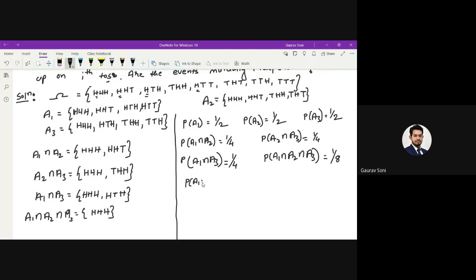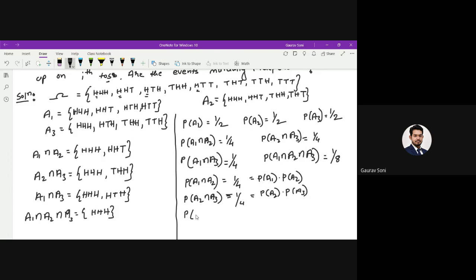Take pairwise intersections. Probability of A1 intersection A2 is 1 by 4, and we see that it is also equal to probability of A1 into probability of A2. Probability of A2 intersection A3 is equal to 1 by 4, which is equal to probability of A2 into probability of A3.